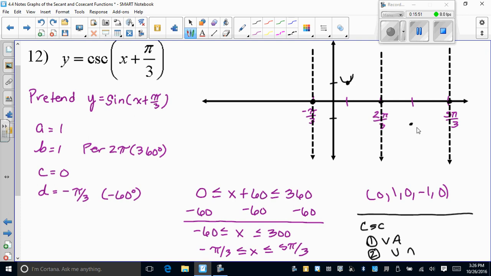And then 3, extend them. So this one's going to go out that way towards the vertical asymptote. This is going to go this way towards the vertical asymptote. This one's going to come down towards the vertical asymptote on both sides.